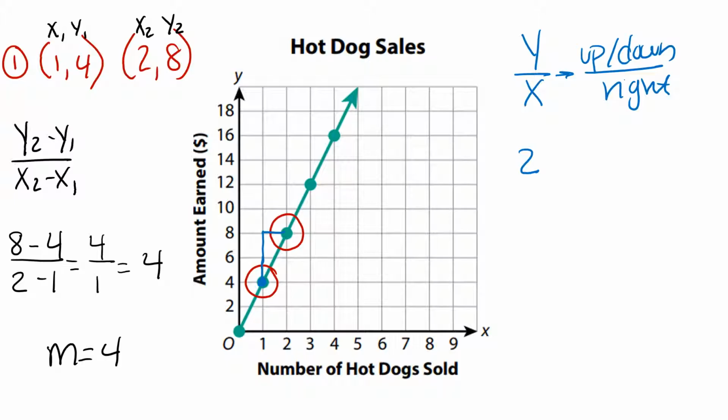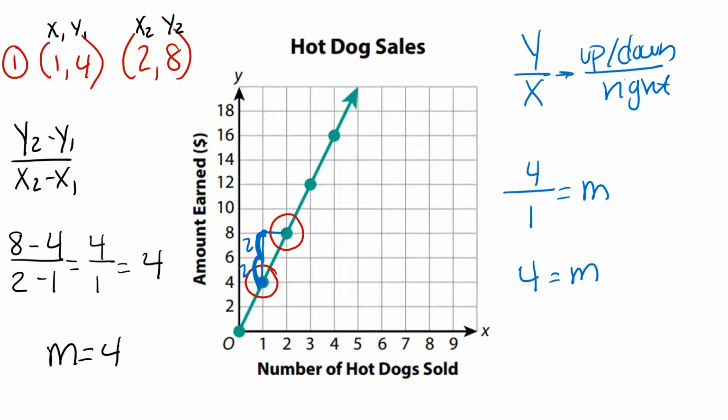However, when we look at what we're counting by, we're actually counting by 2s, 4 to 6 and 6 to 8. So that's really going up 4. So make sure we read those points clearly. That is up 4 and over 1. 4 to 6 is 2, 6 to 8 is 2, so that's a total of 4. 2 and 2 makes 4. And so again, our slope is going to be 4.